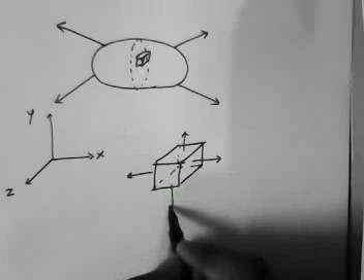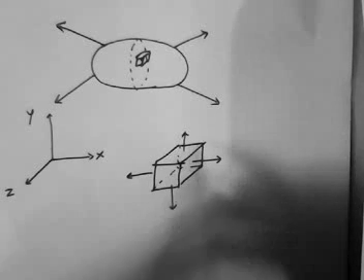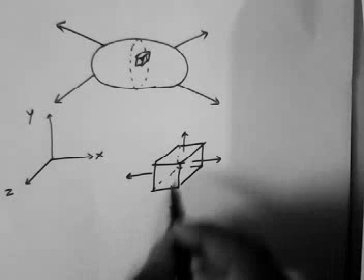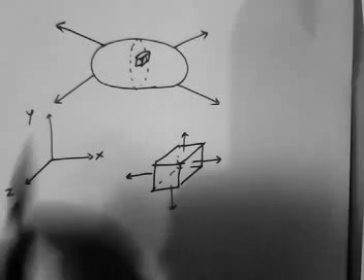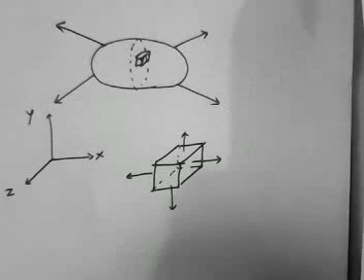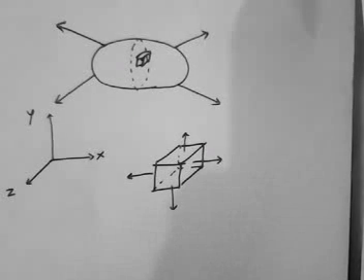If you consider this block as having 6 faces, then 6 internal forces are acting on the 6 surfaces. So this is an elemental cube segregated from the system, and as the system is in equilibrium, this small elemental part is also in equilibrium.